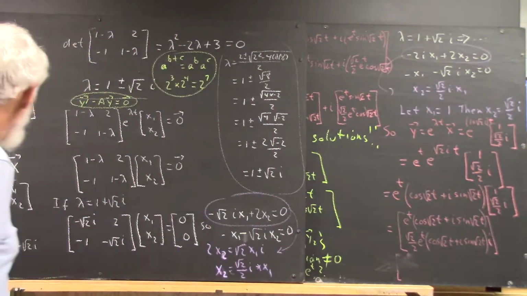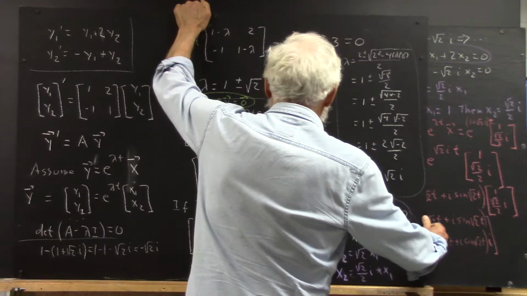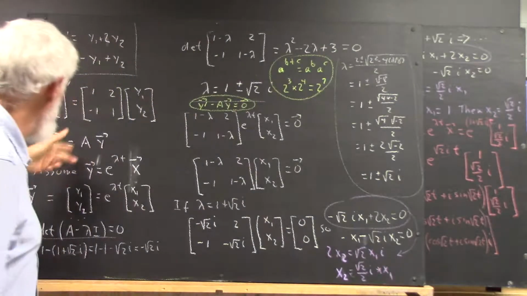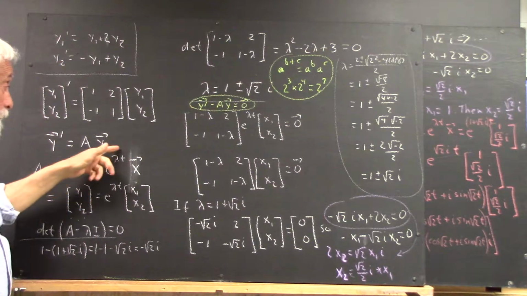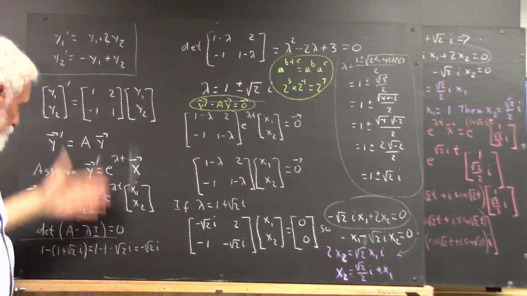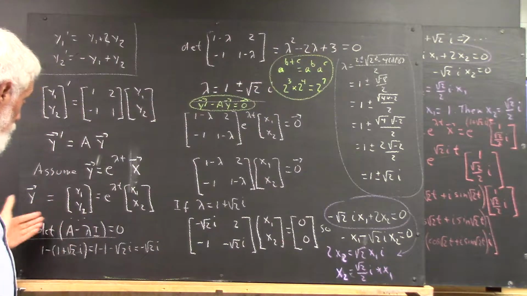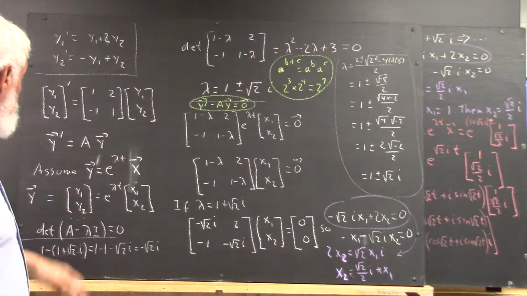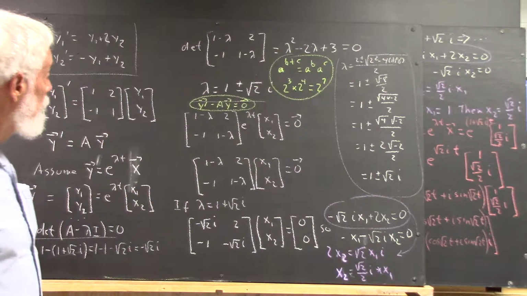So again, what have we done? We've made our assumption that y is e to the lambda t times x, and we've plugged that in to the fact that the determinant of A minus lambda I has to equal 0 in order for this equation to be solved.